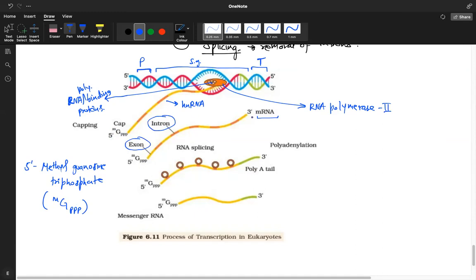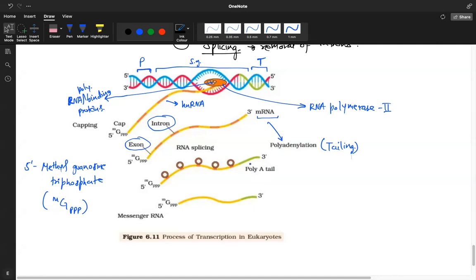Once it comes out, the second thing that happens is at the 3' end, we have to put a tail. This is called tailing, and it's simple. You just keep on adding adenylate residues. The process is called polyadenylation because you are adding multiple adenyl groups.